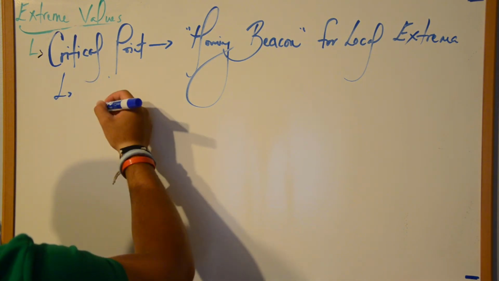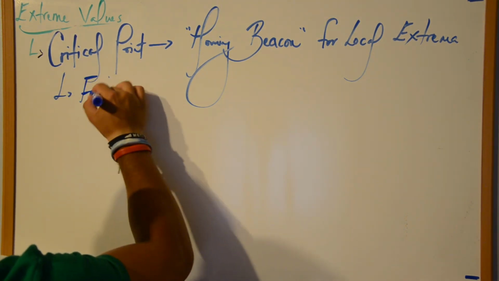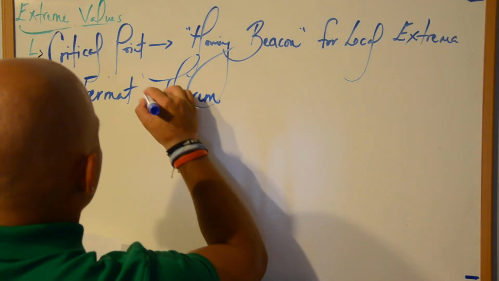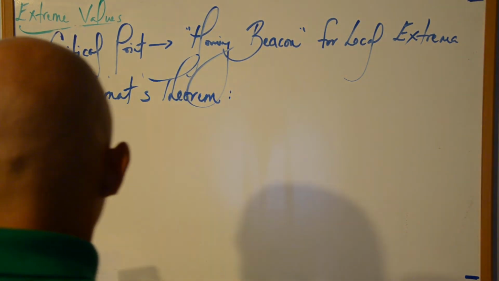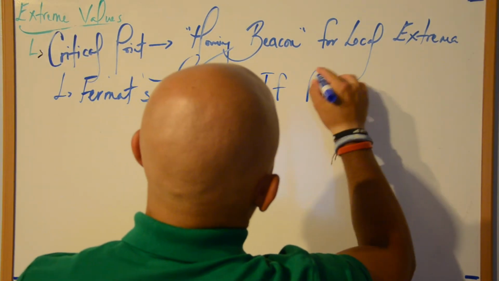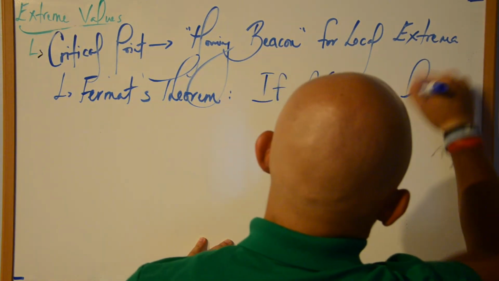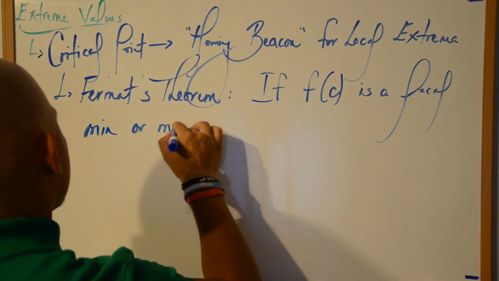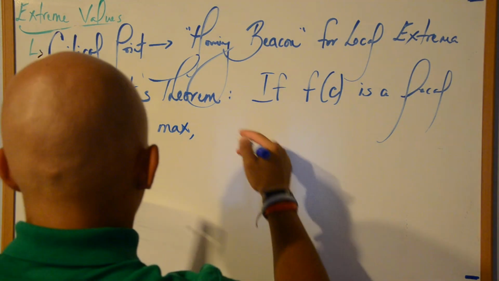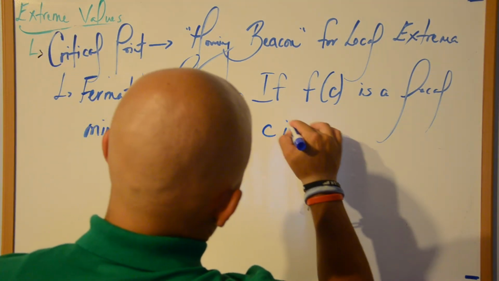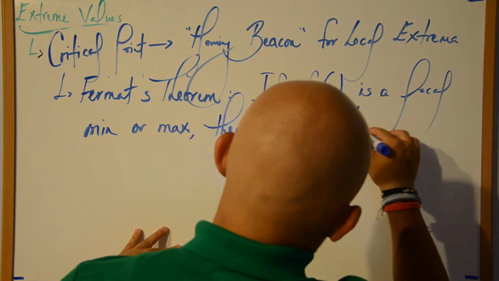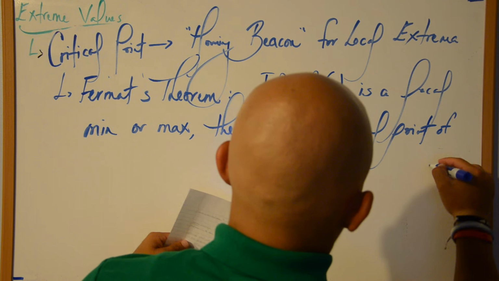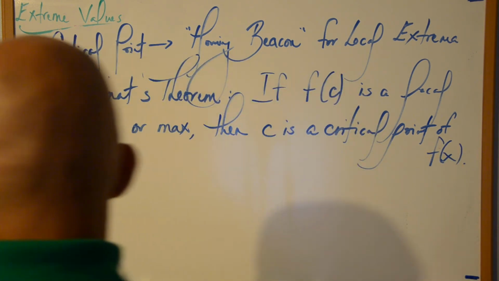This guy Fermat created this theorem about 3 centuries ago that said if f of c is a local min or max, then c is a critical point of f of x.